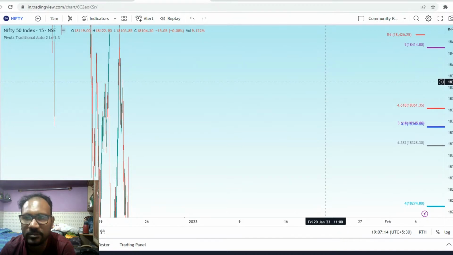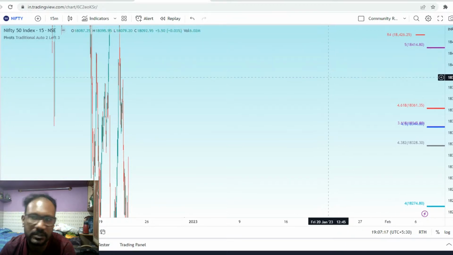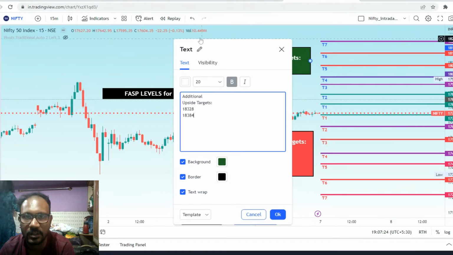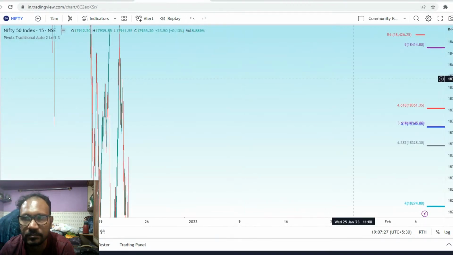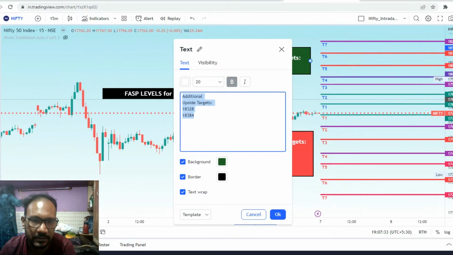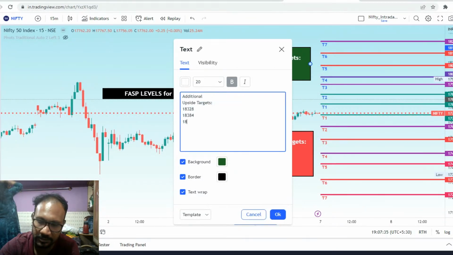This is 384. 384 is looking good. Yeah, I'll go with 384. Also, 453 looks good to me. 453.